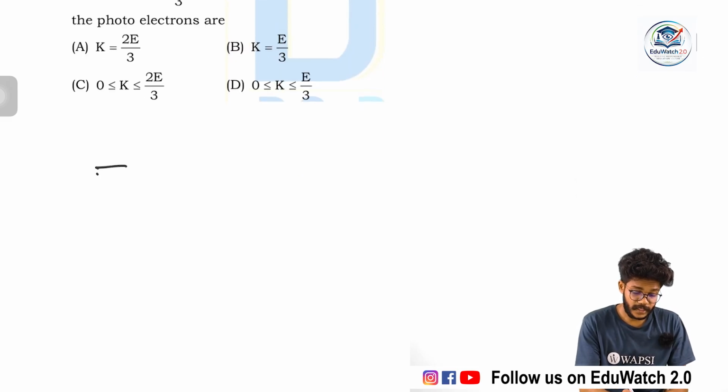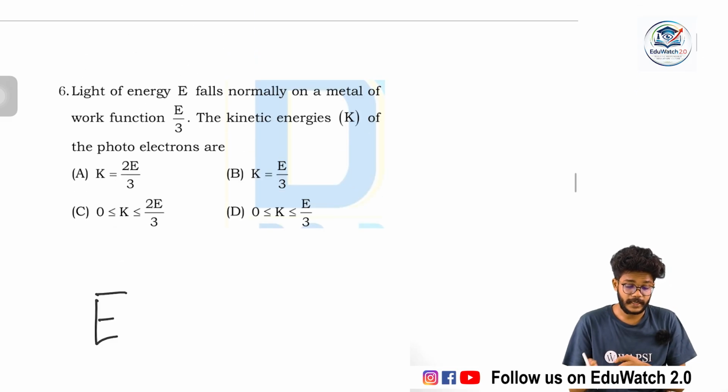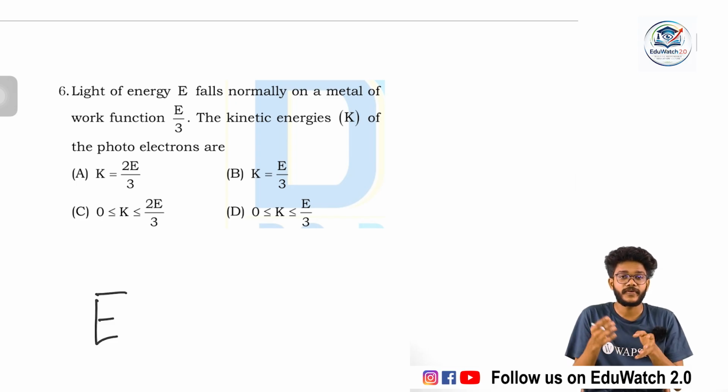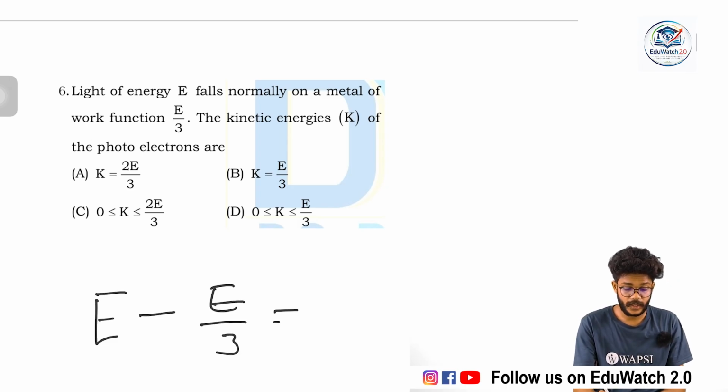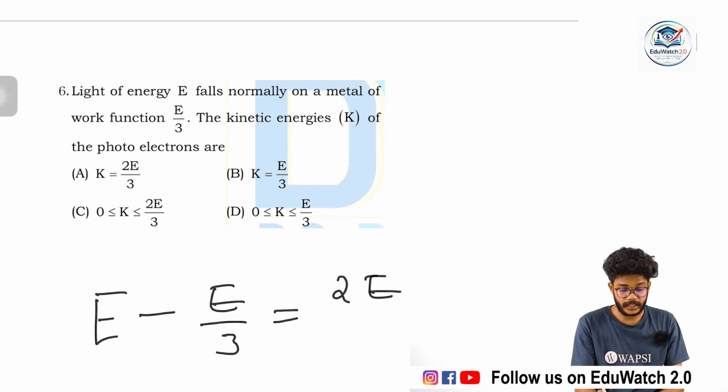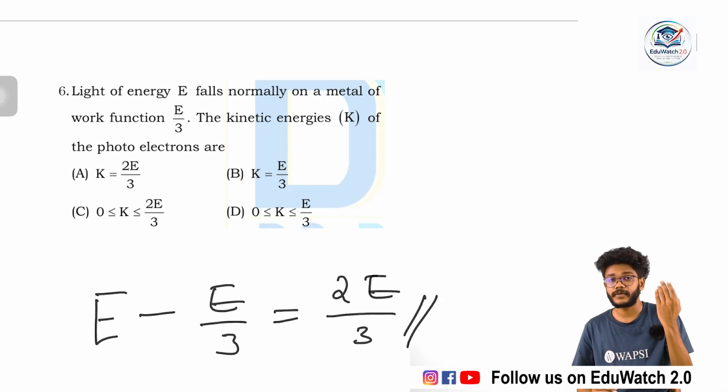The light of energy E is falling on the metal and the work function is E by 3, so an energy of E by 3 is used by the metal to eject the electron. So E minus E by 3, which is equal to 2E by 3, is the energy of the photoelectron.